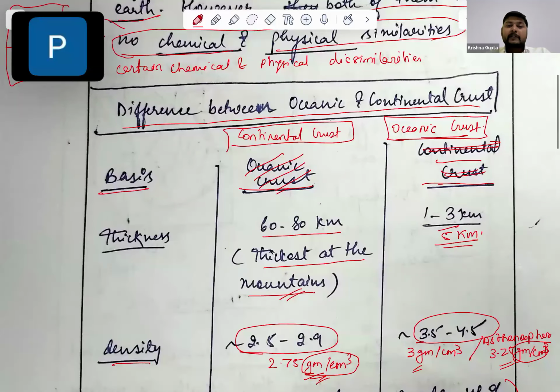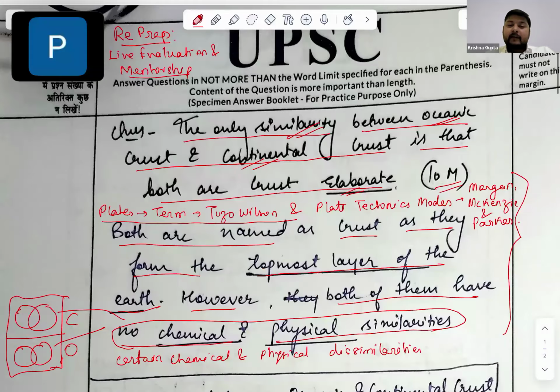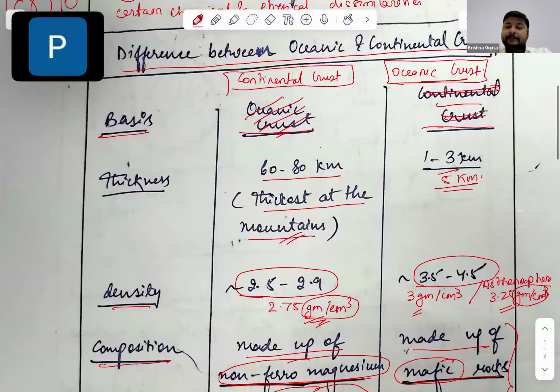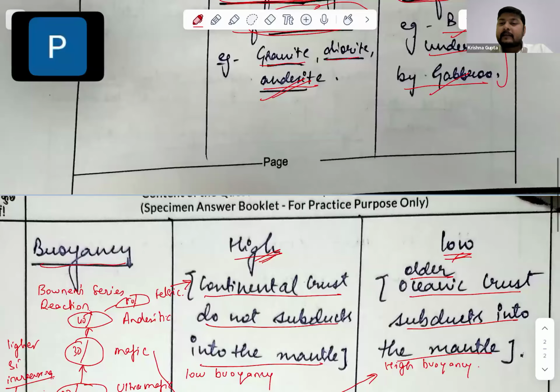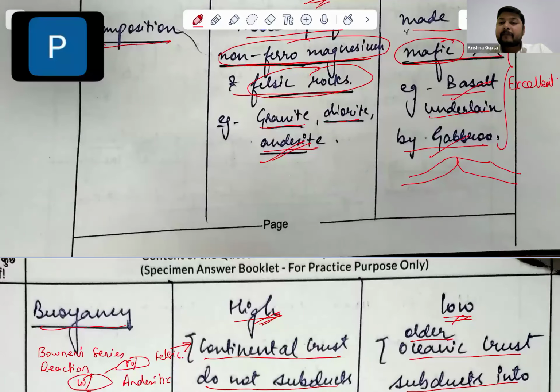We can also add a diagram in this part. Here we can provide that this is the mid-oceanic ridge. This is continental crust. This is oceanic. This is also oceanic.